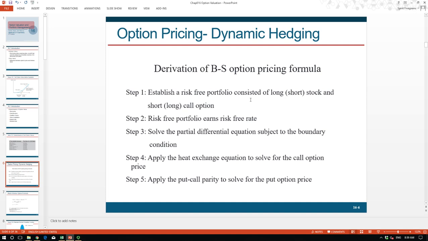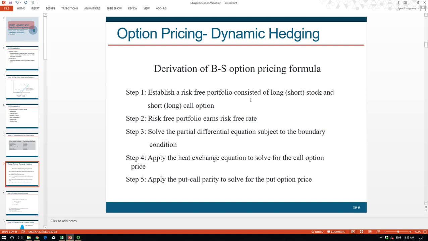And solving this partial differential equation needs a special technique. That technique is the heat exchange equation. And so here we are combining mathematics, physics, and understanding of the nature of option pricing in order to find this dynamic hedging approach to solve for option price.